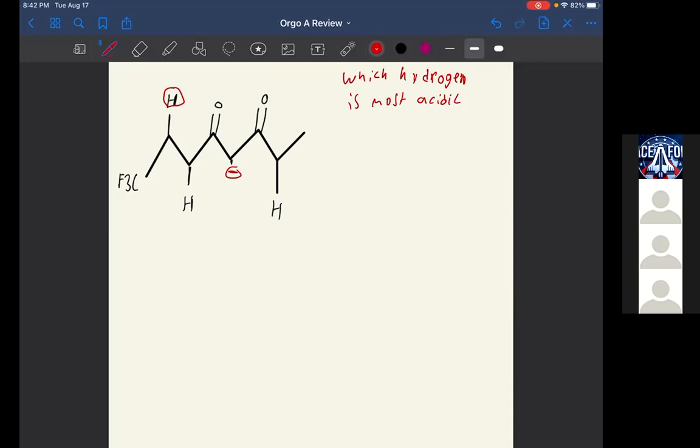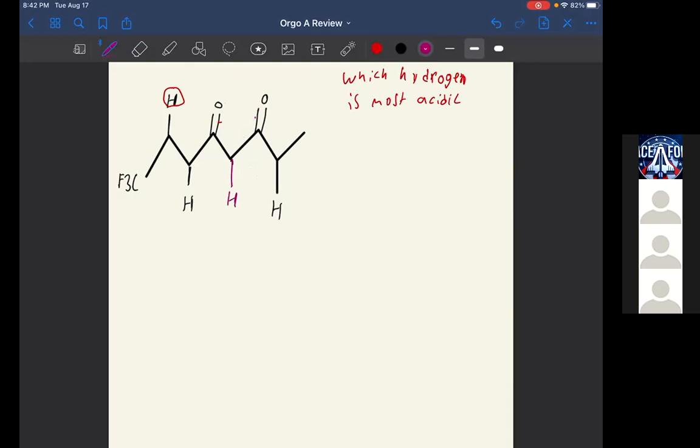So if you go this way, you can resonate that charge onto this oxygen. And then if you go this way, you can resonate that charge onto this oxygen. So that means the negative charge is carried on two oxygens, which is very good for the atom, the A in Orgo. Does that make sense for that one?